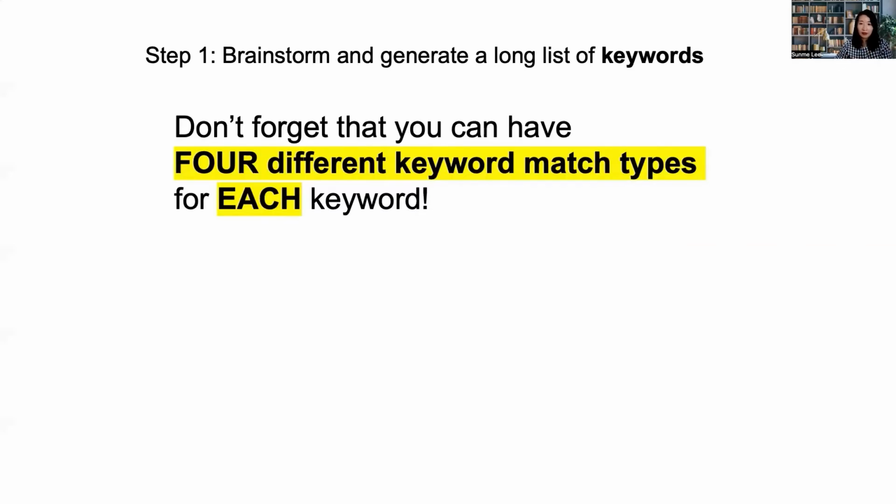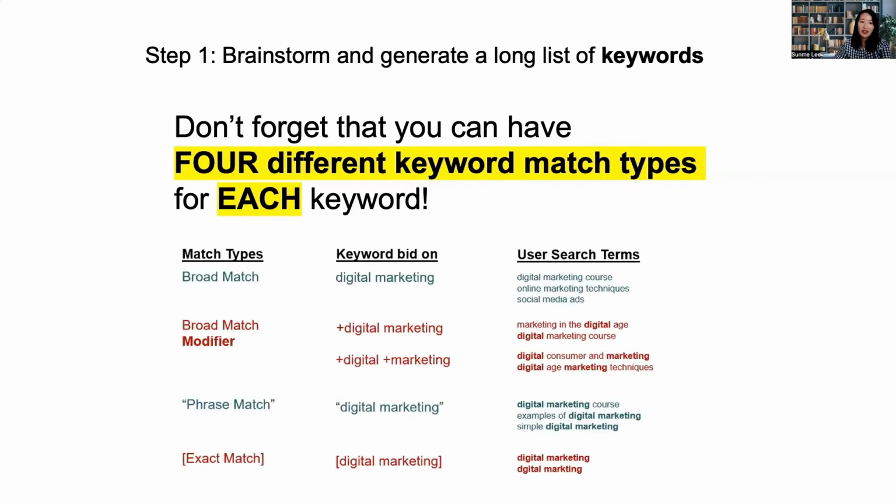This is something we talked about in the last class. There are four different types of keyword match types. So for each of 100 keywords, you can actually have four different keywords with different match types, which means you can turn them into four different match types. Remember that you can have exact match, phrase match, broad match modifier, and broad match.